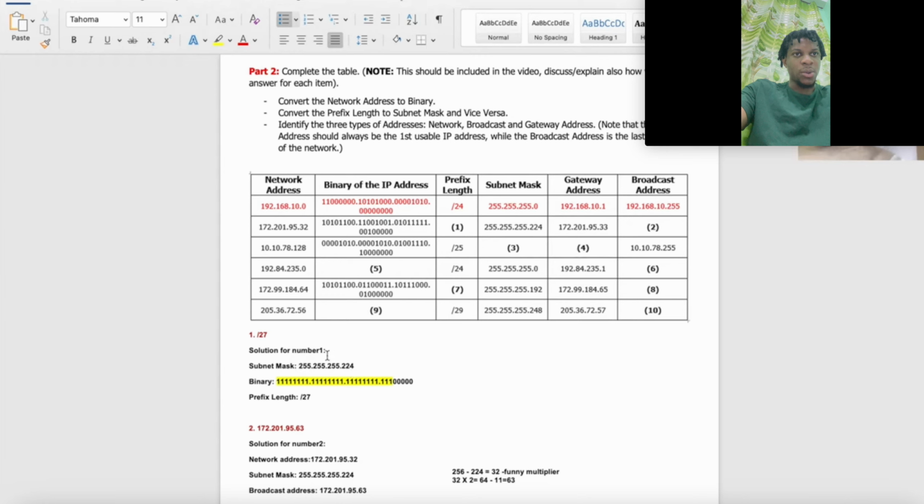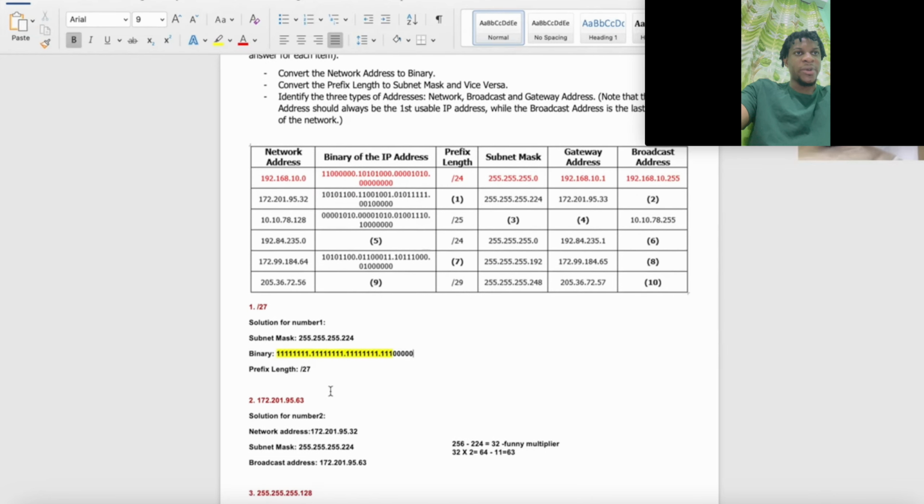That is the prefix length. The subnet mask in binary is 11111111.11111111.11111111.11100000. That's the binary for the prefix length 1.